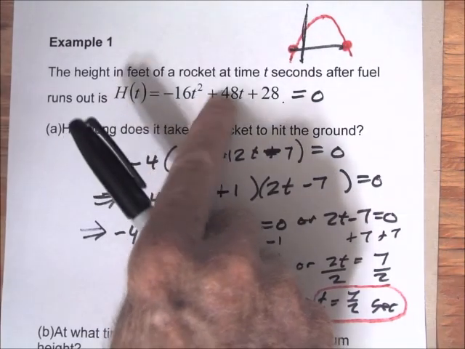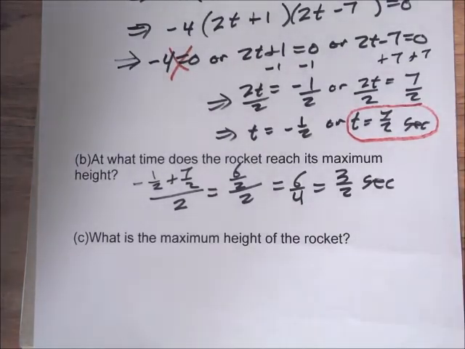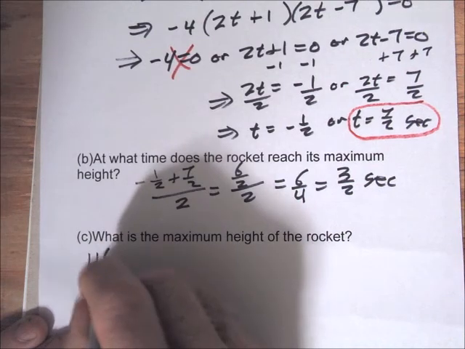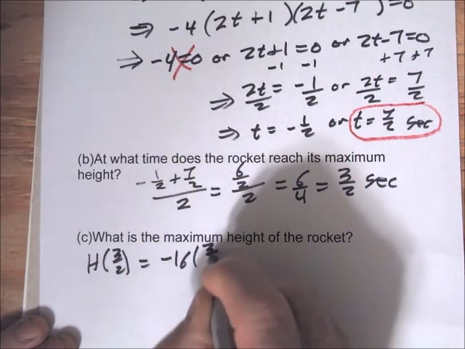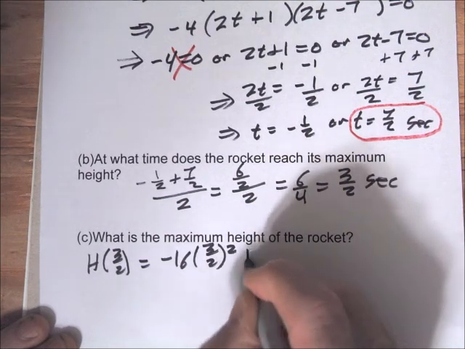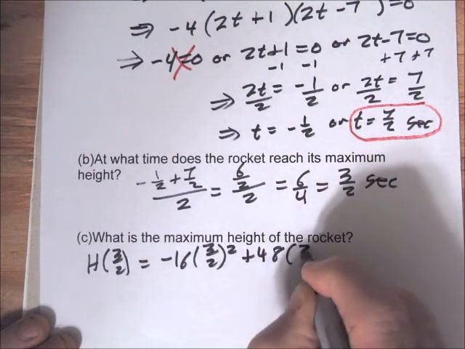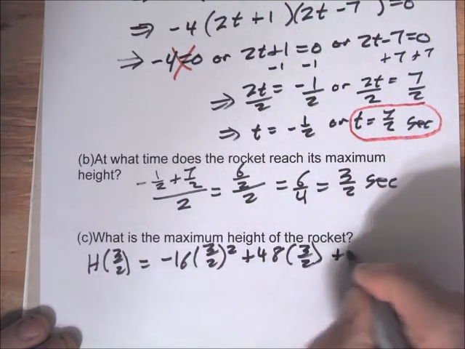Well, we just have to plug in 3/2 into this formula here. So h of 3/2 will be -16 times 3/2 squared plus 48 times 3/2 plus 28.